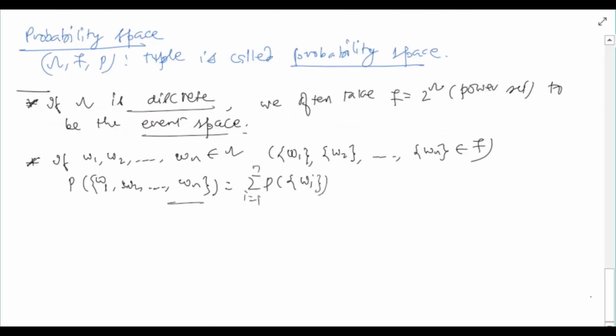This equality is often referred to as discrete probability law.